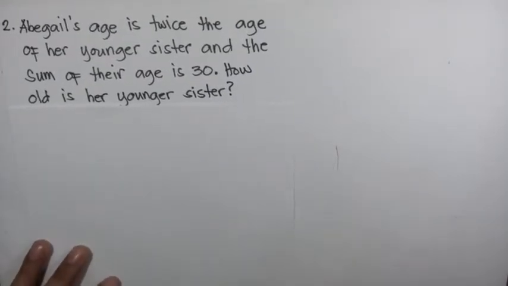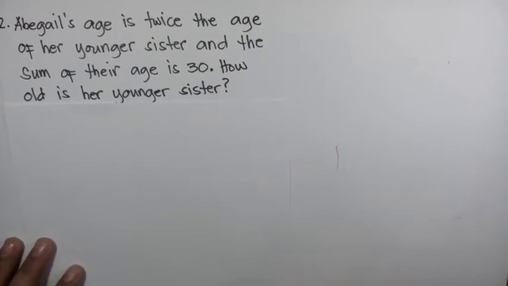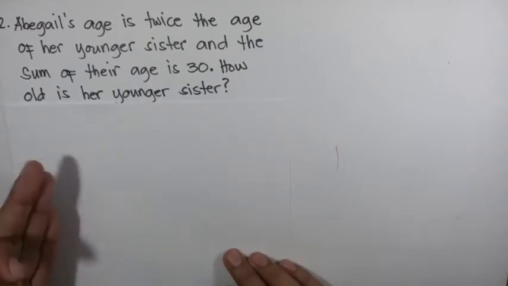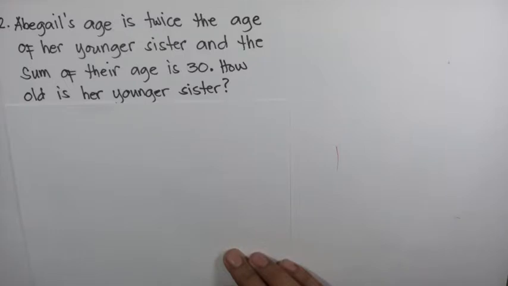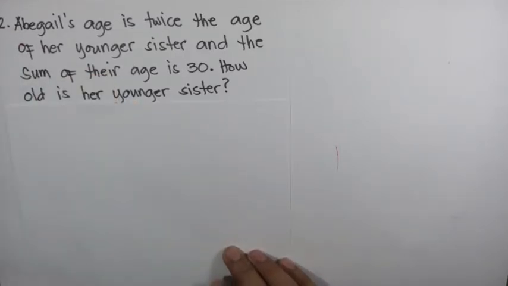Abigail's age is twice the age of her younger sister, and the sum of their age is 30. How old is her younger sister? Now this time we are going to assign the subject that we have here. We are working with the age problem, Abigail's age and younger sister's age. So we'll assign variables for that.